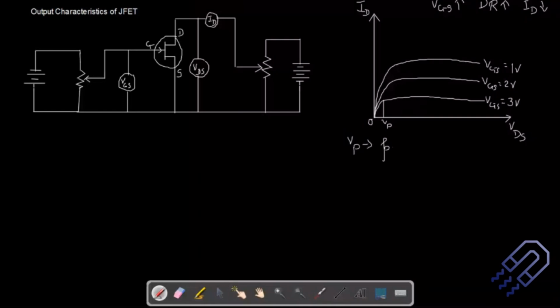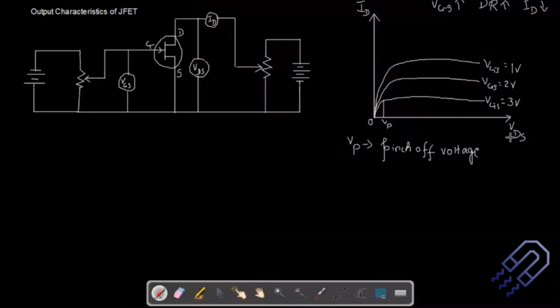I'll give you the definition tomorrow, but I think it's clear from this that the pinch off voltage means the voltage at which the current is maximum. This is important. So this is actually the output characteristics, and this is something you should know.